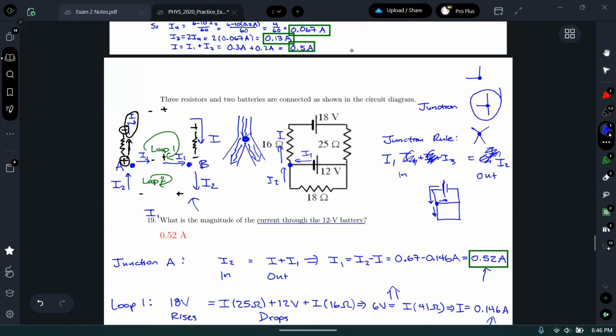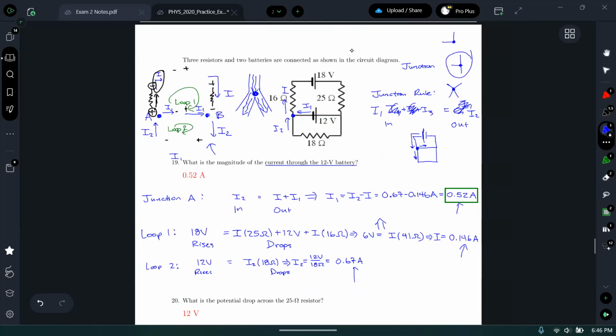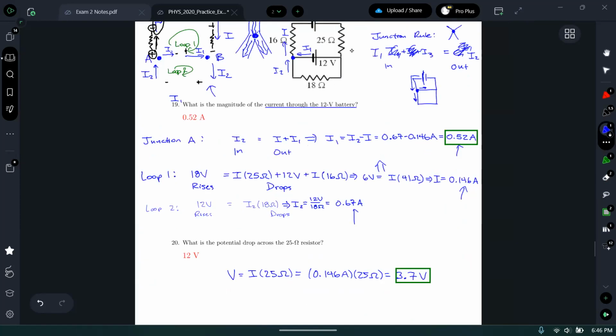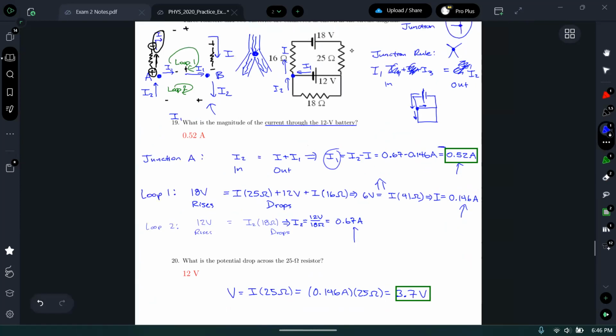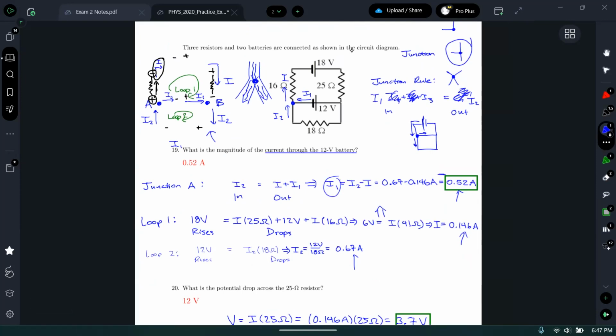If I went through this whole process all over again, the only thing that would be different is that this number would have come out to negative 0.52 amps instead. And so that would tell me automatically that this should go the other way.